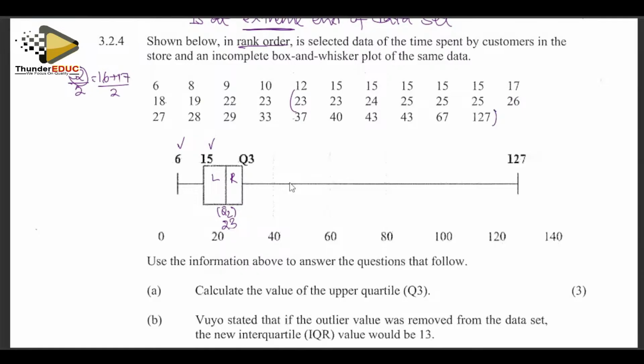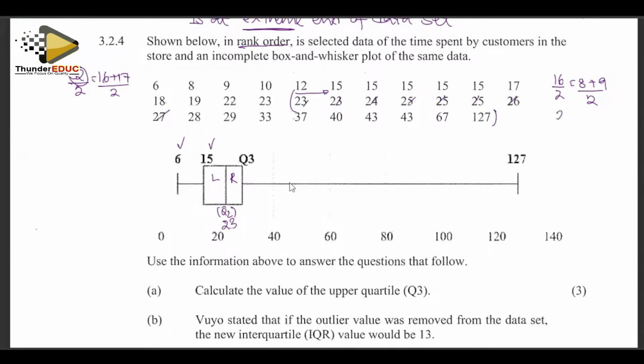So now, of these values, I'm remaining with 16 values. If I divide by 2, I'll remain with 8 numbers. That means I will add the 8th and the ninth number. That's what I'm going to add. So from this side going on, I'll count 8 numbers. 1, 2, 3, 4, 5, 6, 7, 8.